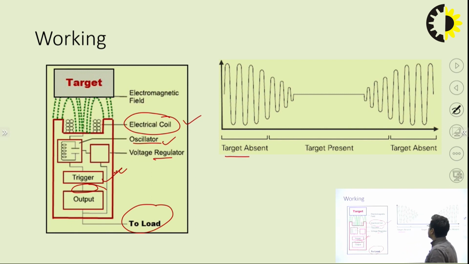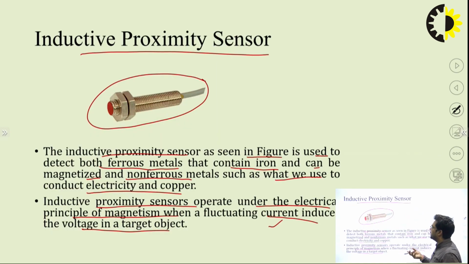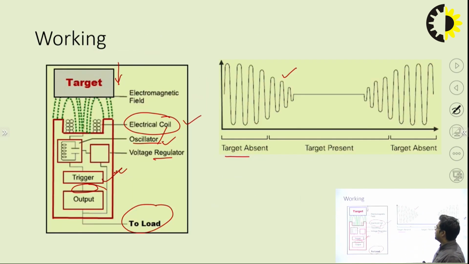There is a target, and this is the wave generated with the help of the oscillator and electrical coil. If there is no target, meaning the target is away from the range of this inductive proximity sensor, the waveform will be very high.